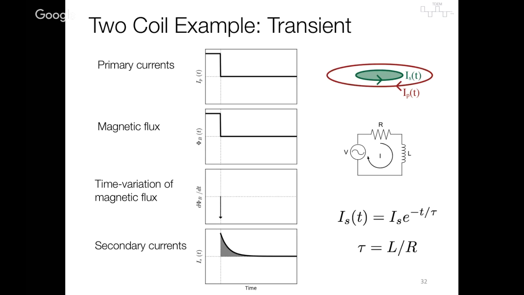Is it going to decay slowly, or is it going to decay quickly? Slowly. So if tau is large, then this number is going to be small, so it's going to decay really slowly. So a good conductor is going to have a slow decay. A poor conductor is going to decay quickly.